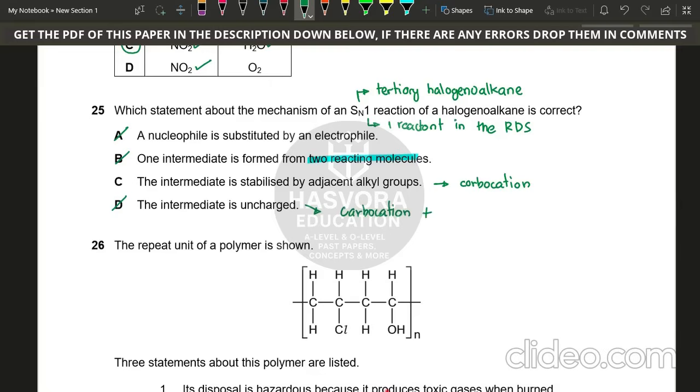If you remember, in the case of the SN1 reaction there is steric hindrance, so the bond between the leaving group and the carbon will automatically break. Okay, so there are no two reactants, there is only one reactant, and then the nucleophile will attack the carbocation. So C will be your correct answer in this one.